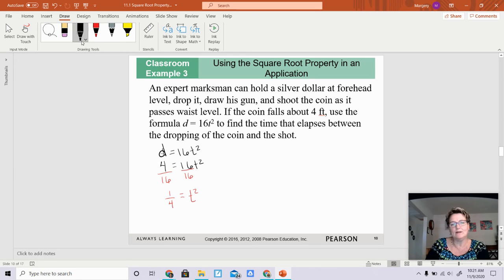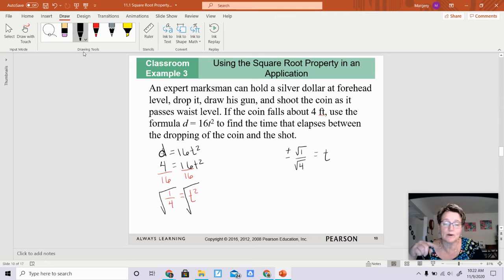Now, our goal is to get t by itself, so I need to square root both sides of the equation. That leaves me with t equals, don't forget, plus or minus the square root of 1 over the square root of 4.